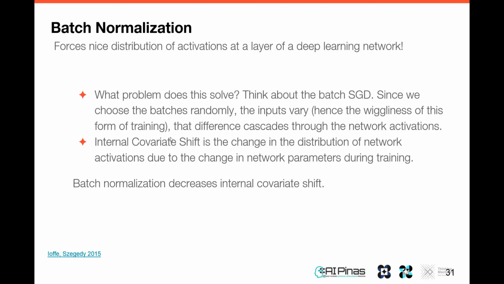Theoretically, what is happening is when you choose your batch SGDs randomly, your inputs vary, and the difference cascades through the many layers of your network. The change in the distribution of network activations due to the change in network parameters during training is called internal covariate shift. What batch normalization does is it decreases internal covariate shift.